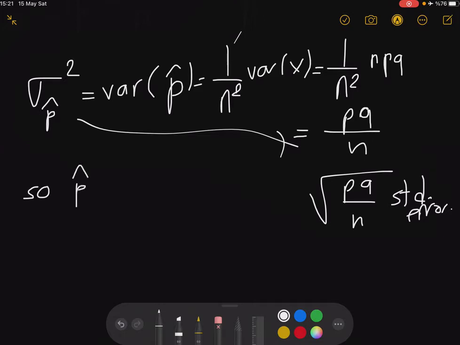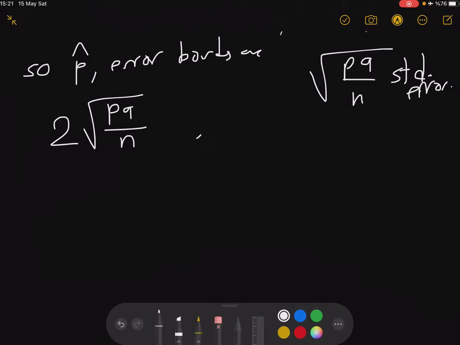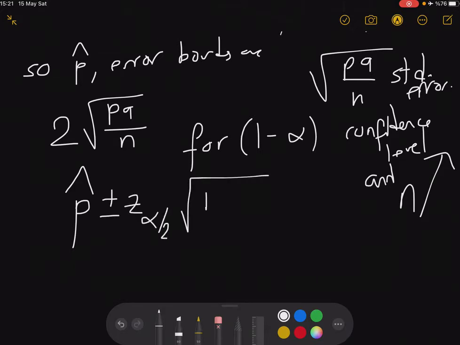So for p, error bounds are 2 square root of pq over n, and this is for Chebyshev, and for this 1 minus alpha confidence level, and assuming that n is sufficiently large, your p will be plus minus z alpha/2 square root of p times q over n, right?